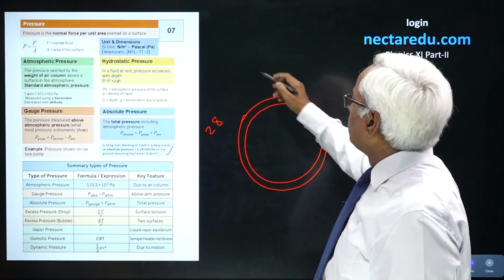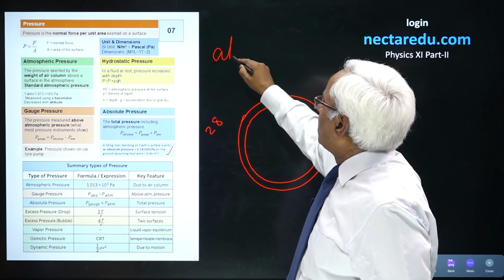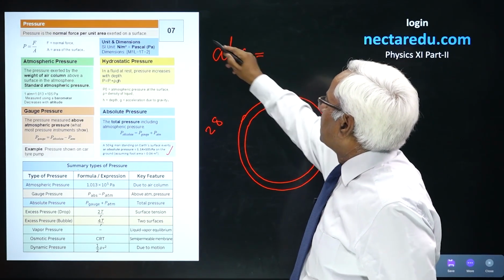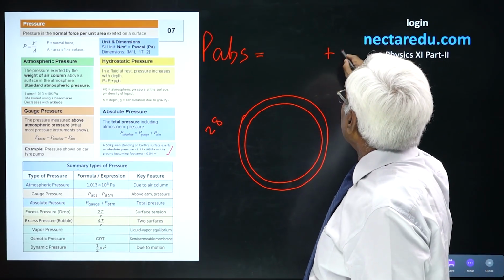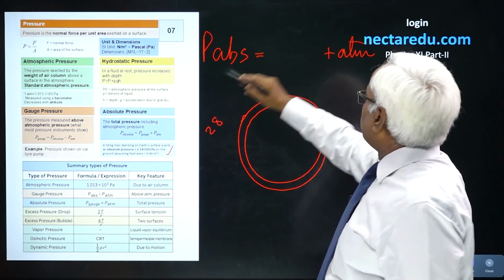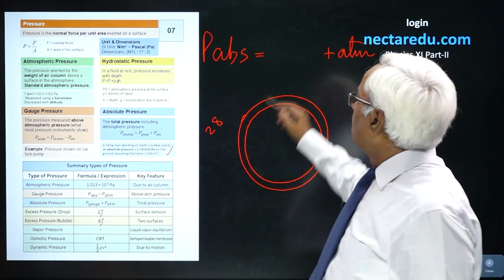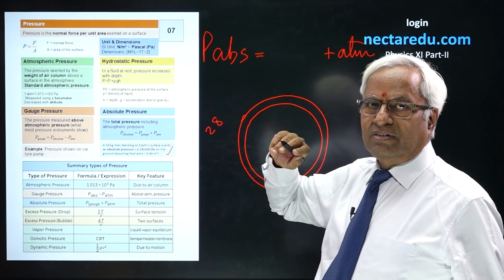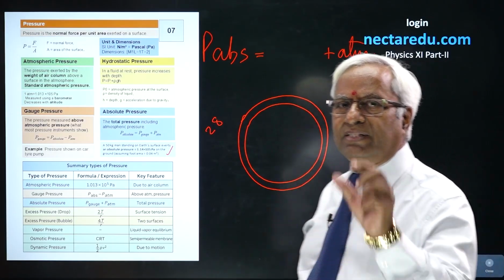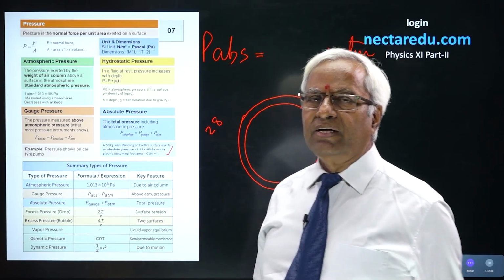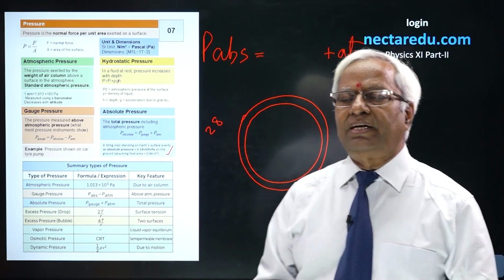Now, let me clear it more. You see, you want to find out the absolute pressure. This will be atmospheric pressure plus gauge pressure. For example, suppose I tell you that gauge pressure in the tube is 3 atmosphere, then what is the total pressure there in the tube?